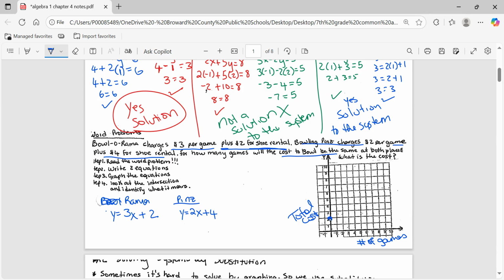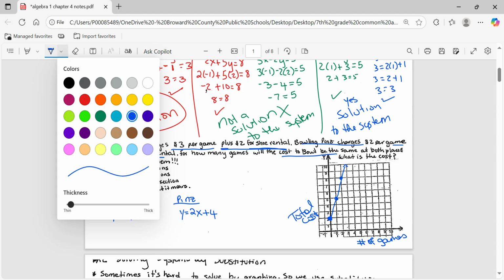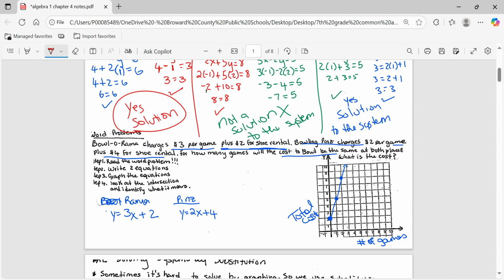We're going to go from 2, up 3, right 1, that's my slope, up 3, right 1. Okay, here's my blue line. And it pretty much has to start here because I can't do negative games, right? Let's do Pins in red. Here's Pins, and we start at 4, and then it's up 2, right 1, up 2, right 1.